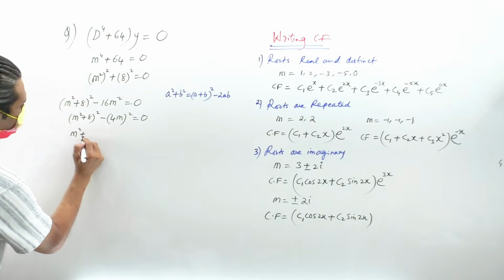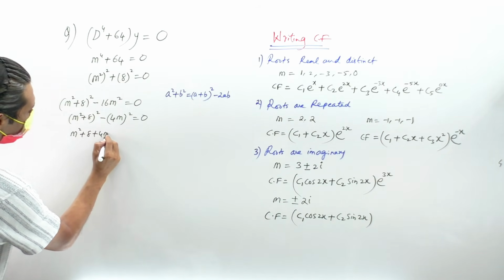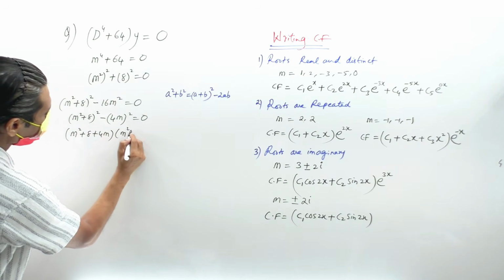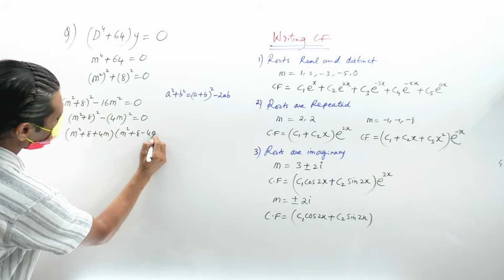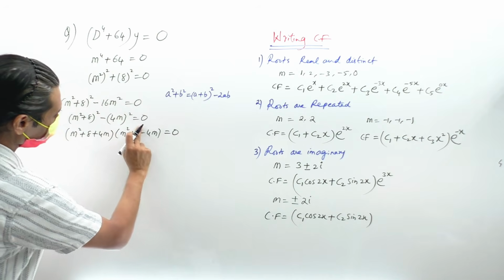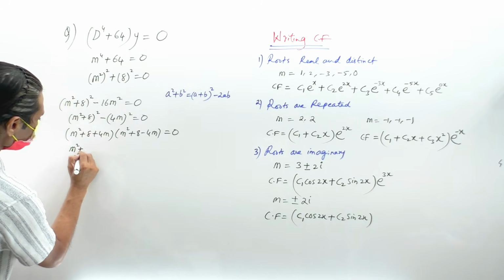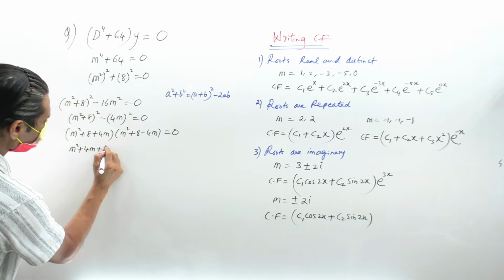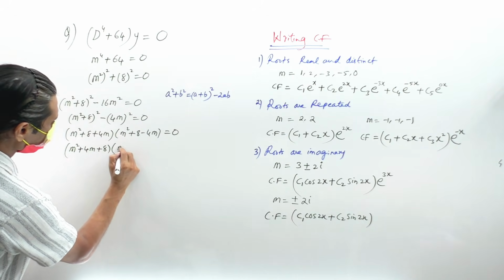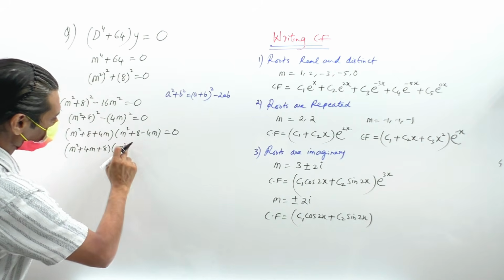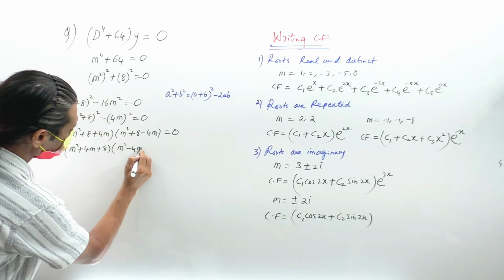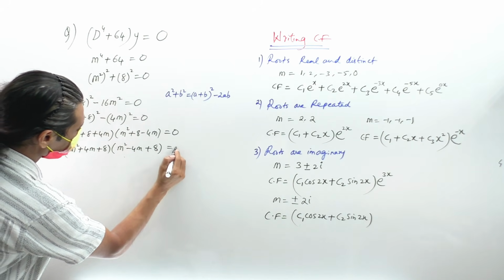So m square plus 8 plus 4m into m square plus 8 minus 4m is equal to 0. See, so interesting it is. Correct and beautiful. Now I rewrite this again as m square plus 4m plus 8 into m square minus 4m plus 8 is equal to 0.